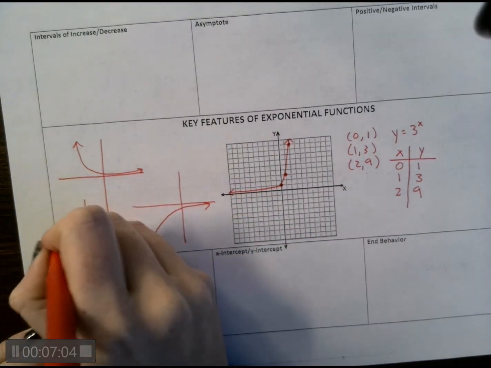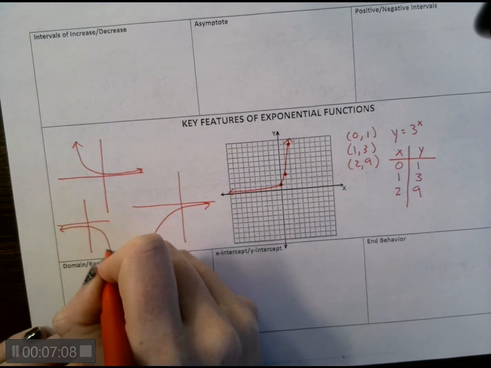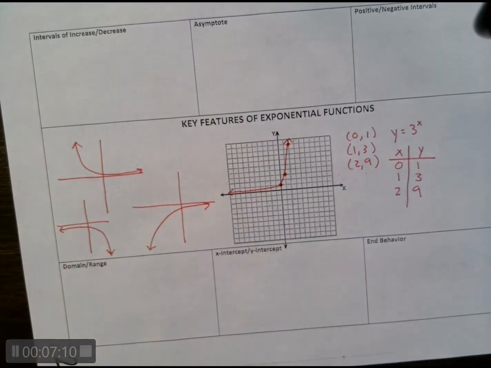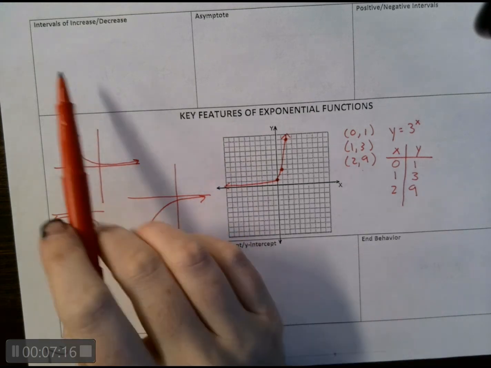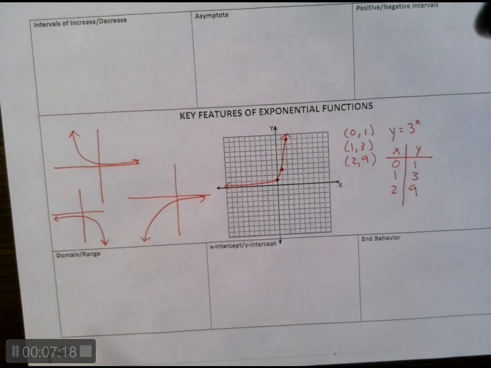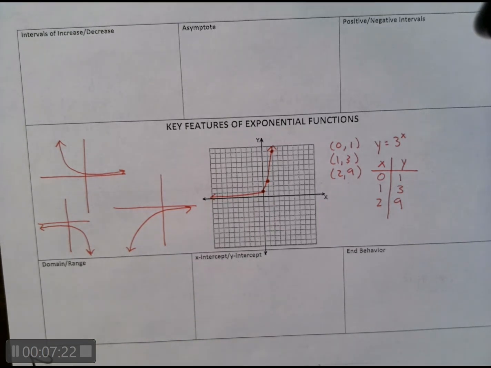And finally, they could look like that, okay? So we have 4 different ways that our graphs could look. Alrighty? So we are not going to talk about intervals of increase or decrease, but we are going to talk about an asymptote. Does anybody know what an asymptote is?